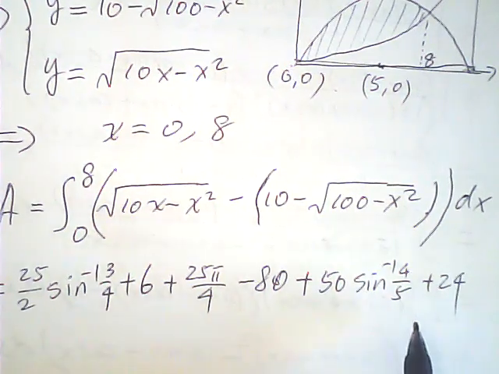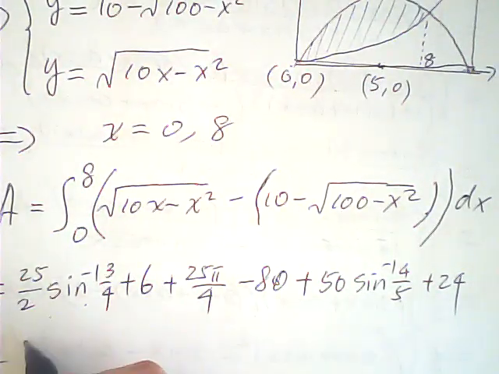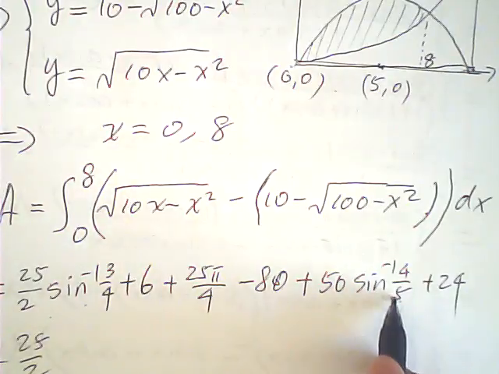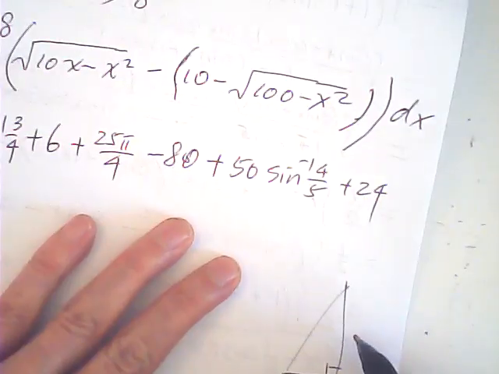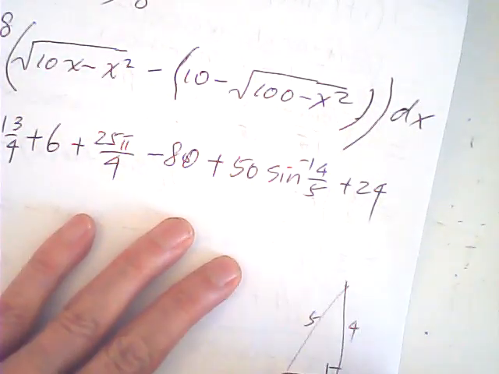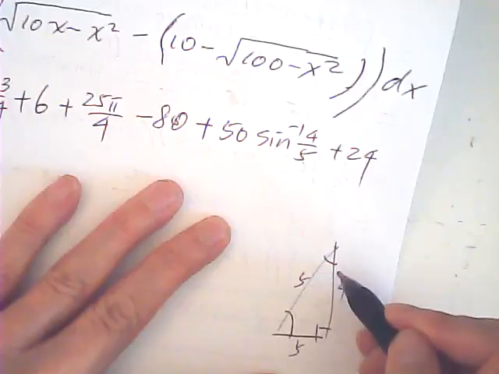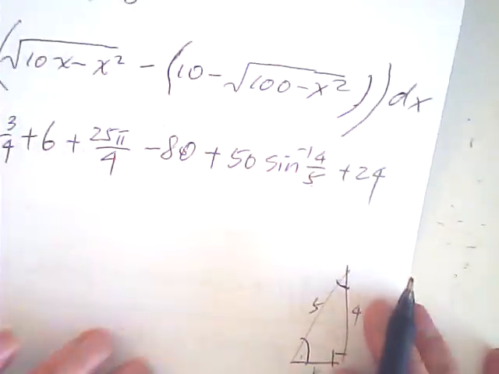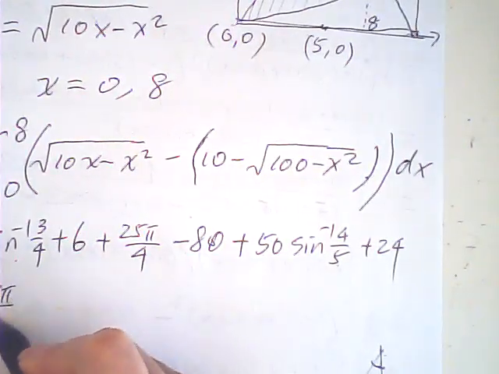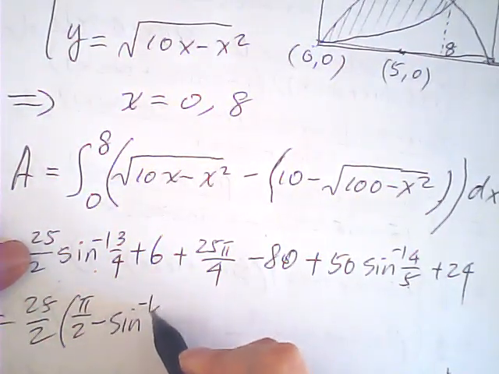Okay, then remaining is that I want to combine these two. Now, this one and this one, the sum is half pi, right? This is 5, this is 4 by 5. The other angle is called arc sine 4 by 5. This angle is arc sine 3 over 5. Therefore, these two, the sum is half pi. So this one is equal to half pi minus arc sine 4 over 5.